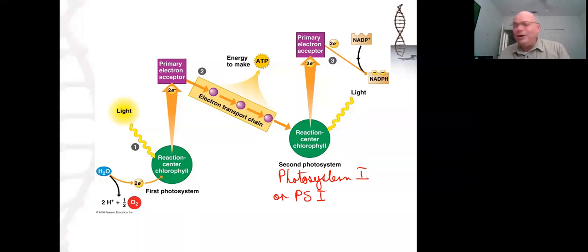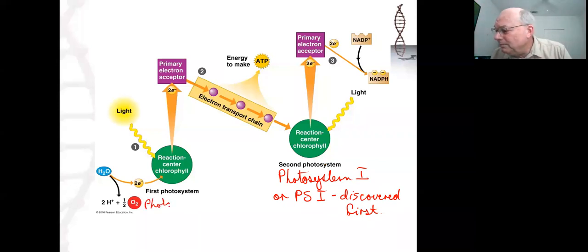And the reason why it's called photosystem 1 is because it was discovered first. Not because it's the first one in the chain, but because it was the one that was first discovered. This one is called photosystem 2, or PS2. And this was discovered second.